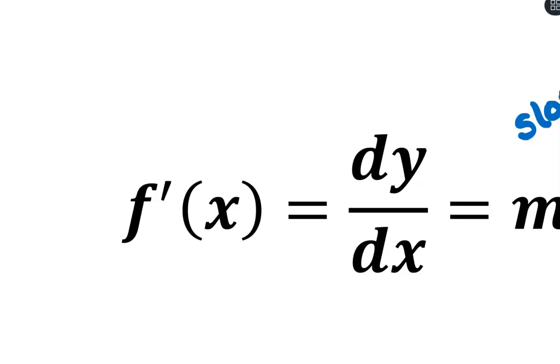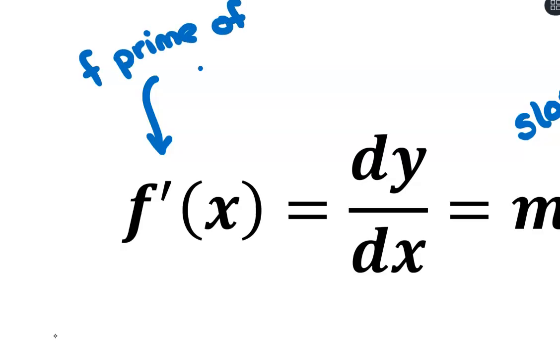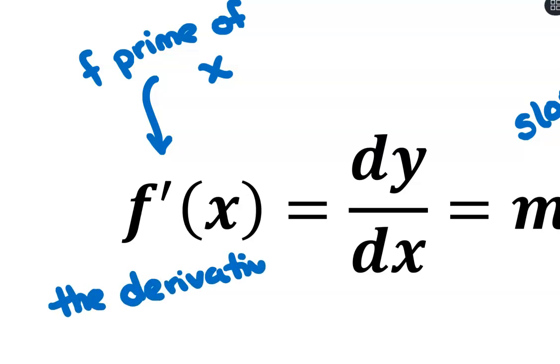So this first one, how I would read it out loud is f prime of x. And really, it's the derivative of f of x. That's what it represents. Reading it out loud, I'll switch between the two: the derivative of f of x, f prime of x. Same exact thing.